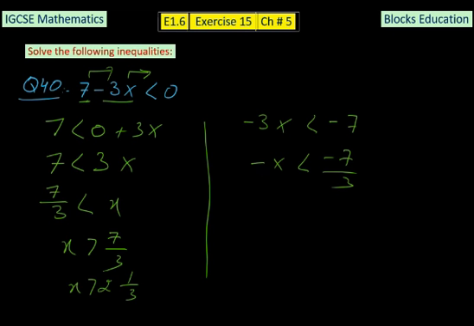Because we cannot leave the answer with minus x, we have to multiply with the minus sign on both sides. So it will be minus x into minus, plus x. As we know, if you multiply the inequality by a negative sign, it inverts, so it will be greater than, and minus minus is once again plus, it is 7 over 3, or you can write it in the 2 whole number 1 over 3 form. So either way you have the same answer, right?